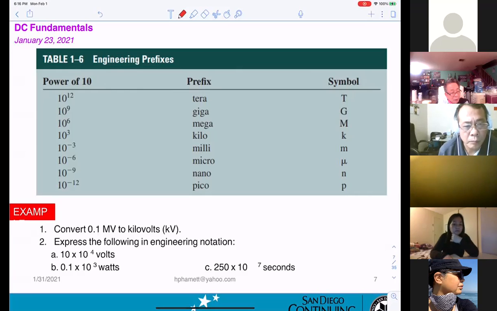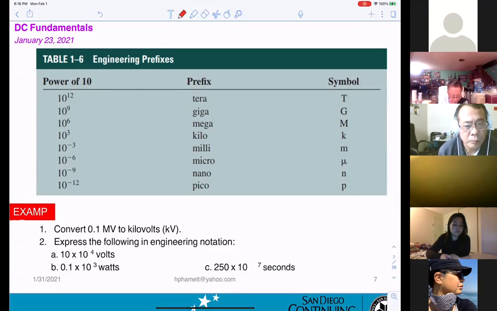And from digital, you know a byte is 8 bits. Then you take 8 bits times 10 power of 9, and you know your memory. Mega is 10 power of 6, kilo is 3, milli is minus 3, micro minus 6, nano minus 9, and pico minus 12.